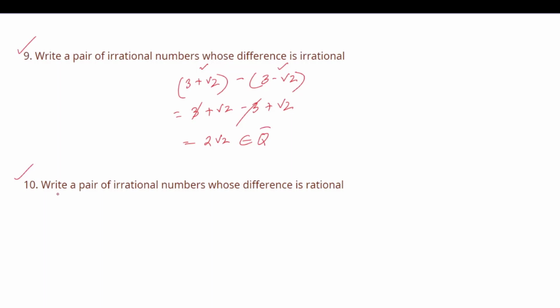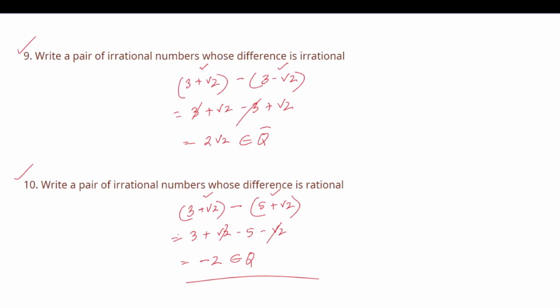Number 10. Write a pair of irrational numbers whose difference is rational. 3 plus root 2 minus 5 plus root 2. So these are two irrational numbers, and their difference is 3 plus root 2 minus 5 minus root 2. So we get minus 2, and this is a rational number.